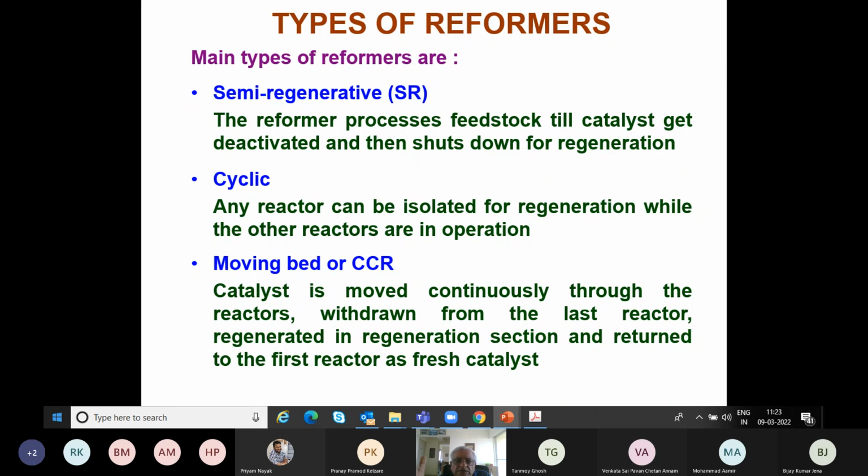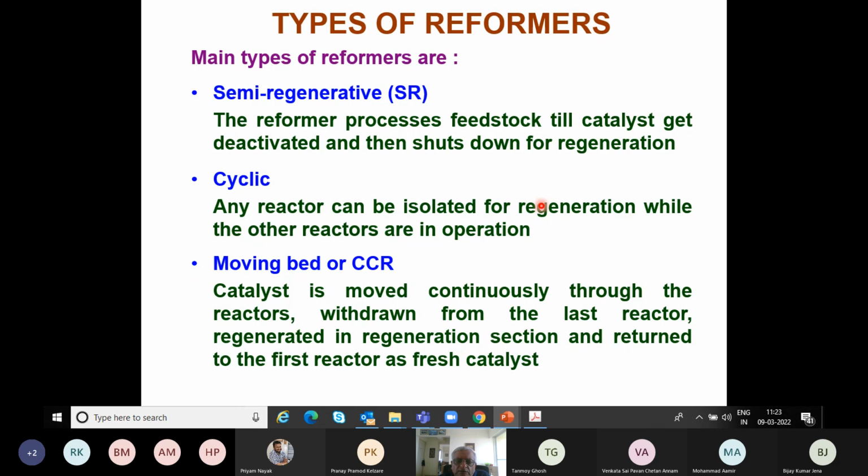In other words, the unit operates almost for a year, and the catalyst slowly degrades. And then once we know that it is no more economically viable to operate this unit, we shut it down and then we regenerate. We just burn off the coke from the catalyst, and then the catalyst is ready to come back again for operation.